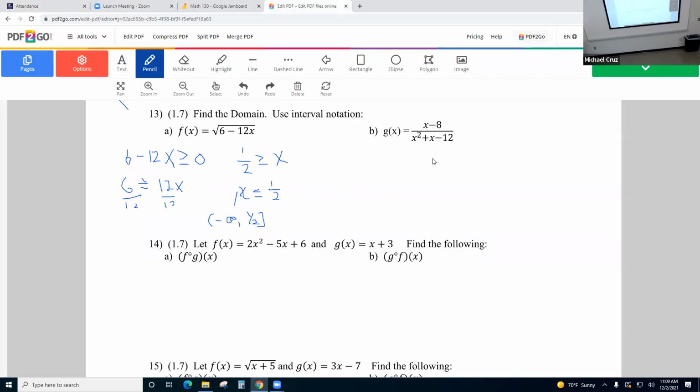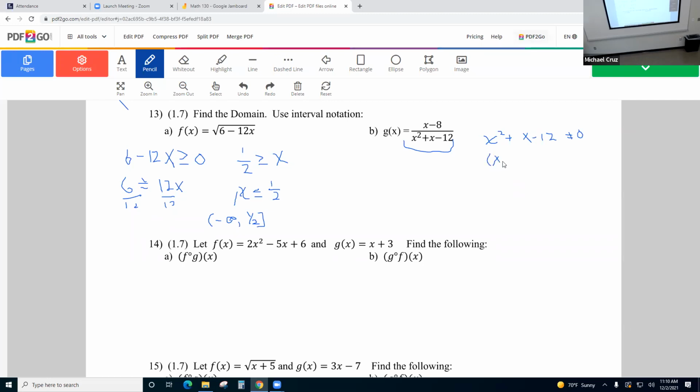Okay, so this one, again, is a function that's going to have an issue because of the denominator. X squared plus X minus 12 can't be equal to 0.